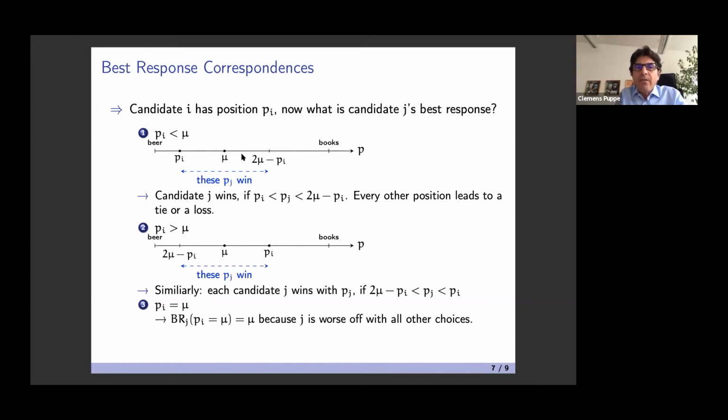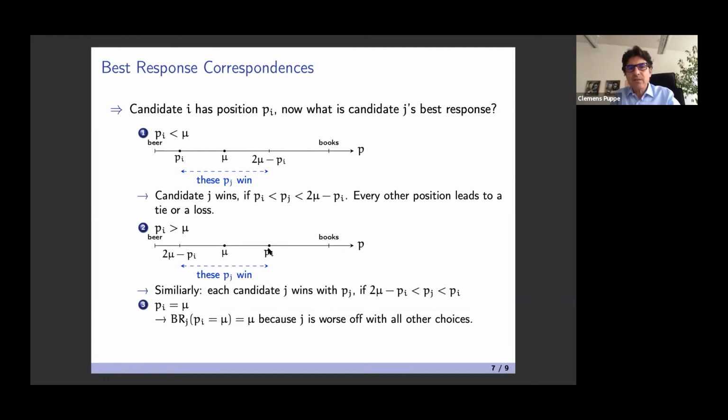So where are the positions of PJ such that mu is closer to PJ than to PI? Well, in this region here, okay? So in this blue region, if J puts herself into this blue region, say here or here, then J will win the election given the position of I.